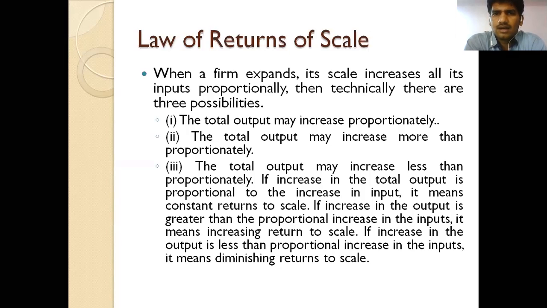Again, the law of returns to scale is defined in three formats: output increases proportionally, more than proportionally, or less than proportionally. Once we have a change, immediate changes occur. So the difference in proportion is dealt with by the law of returns to scale. This is the simple meaning.